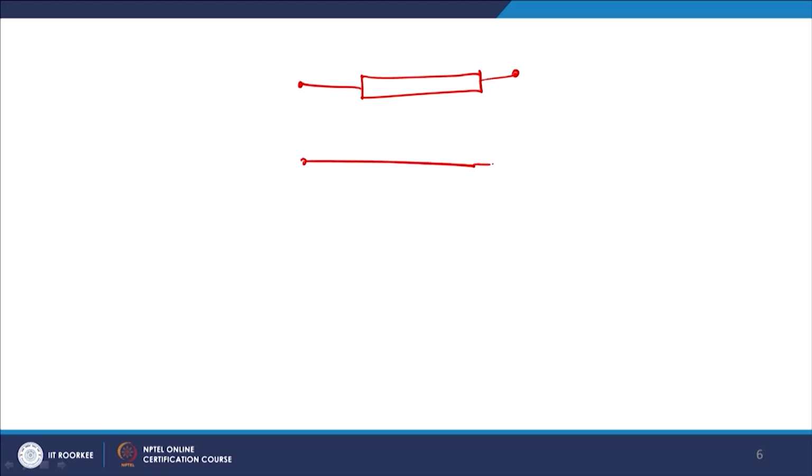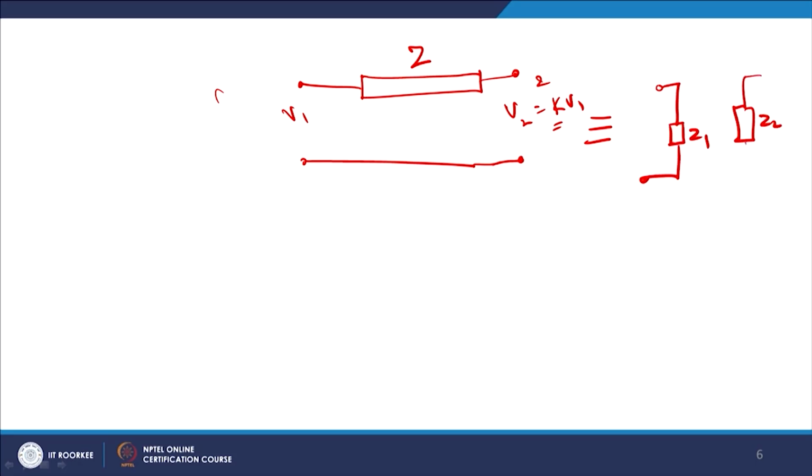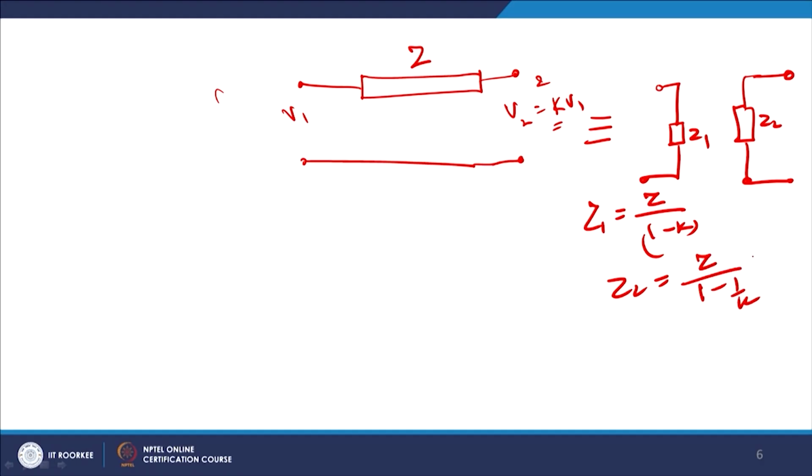I have two ports here, 1 and 2, and let us suppose the input voltage is V1 and the output voltage is kV1, which means that the input and output are related through a constant multiplication factor k. Then Z is the impedance, and this is equivalent to Z1 and Z2, where Z1 is Z upon 1 minus k and Z2 is Z upon 1 minus 1 by k.